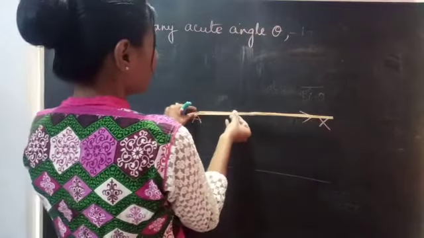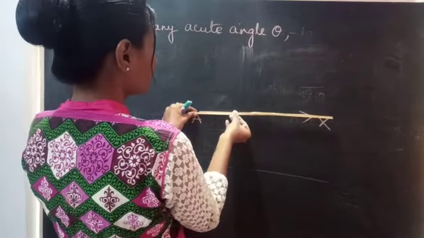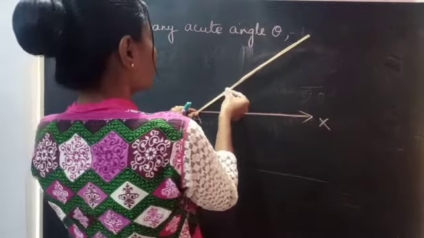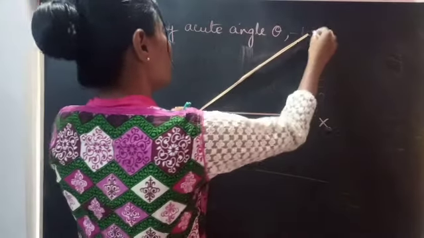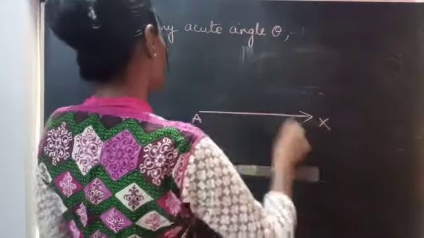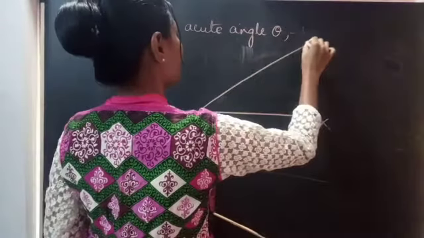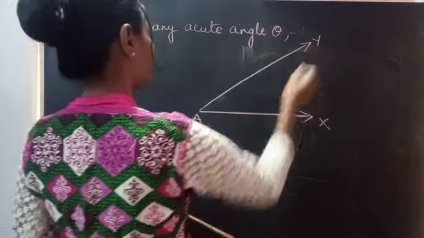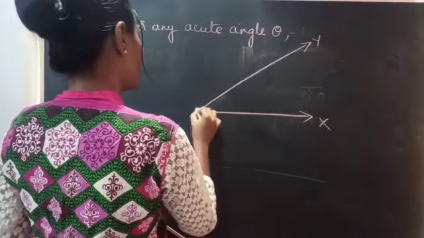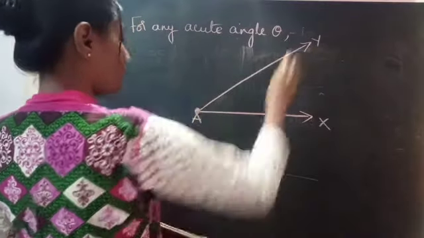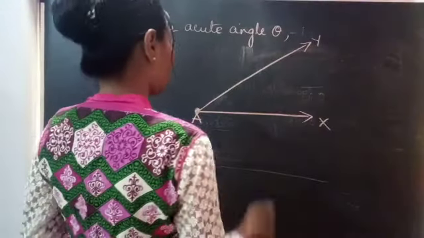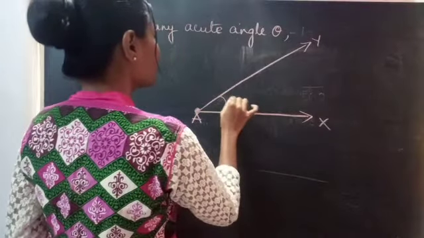A ray at initial position moves to a terminal position AY and forms an acute angle theta.